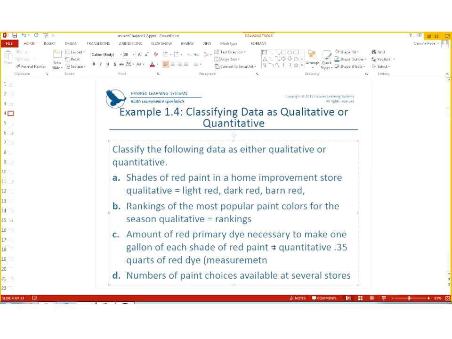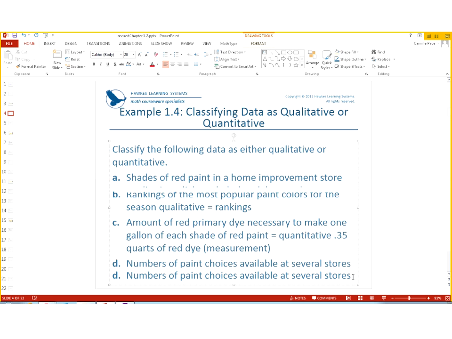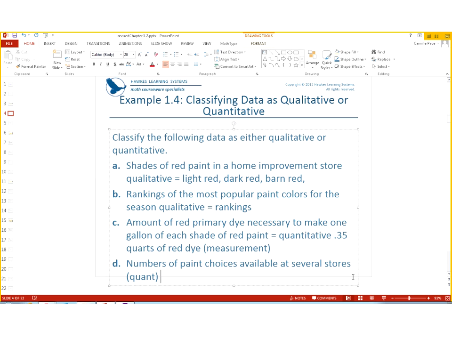So that would be quantitative. All right, and the last one is the number of paint choices available at a store. And that one will be quantitative too. Okay, because we can say there's 53 paint choices at Ace today. I'm sure there's more, but I'm just being general. So those were how you would look at those.